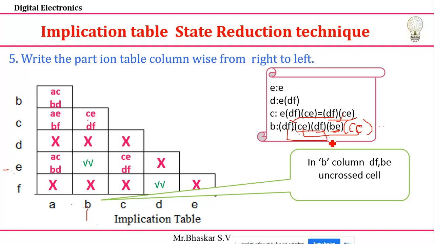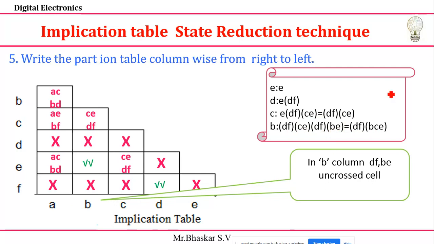Now, one more thing. If I take C equal to E and B equal to E, then the E state is repeating continuously. So what I'll do, I'm just combining these two, CE and BE, and I'll get the value BCE. So that's what I've written here. See that?